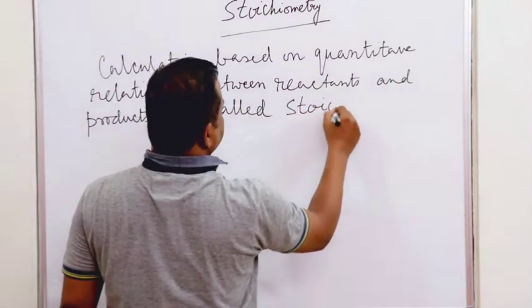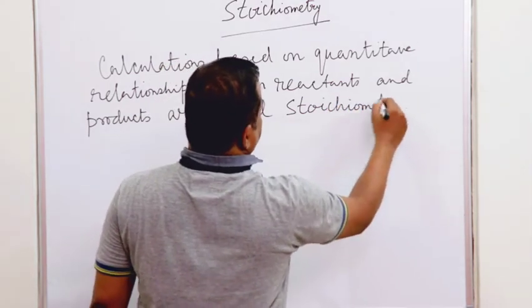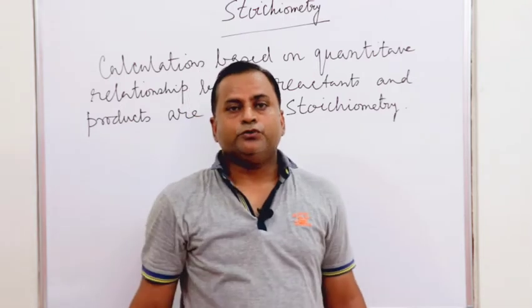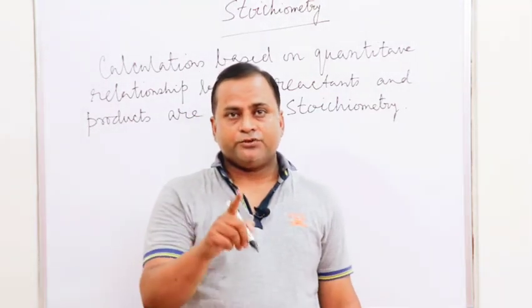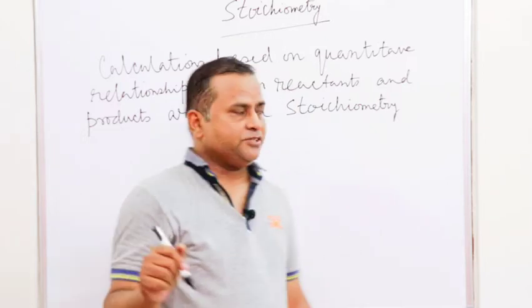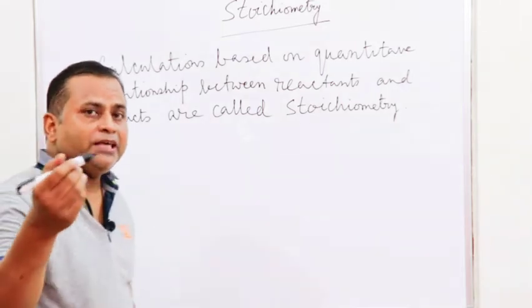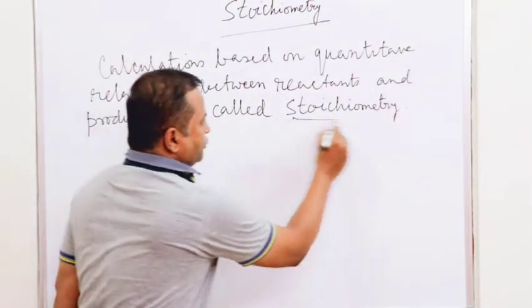Just now I have shown you the quantitative relationship between nitrogen, hydrogen and ammonia in the reaction N2 plus H2 giving NH3. So whenever we are doing calculation based on these numbers, it refers to stoichiometry.